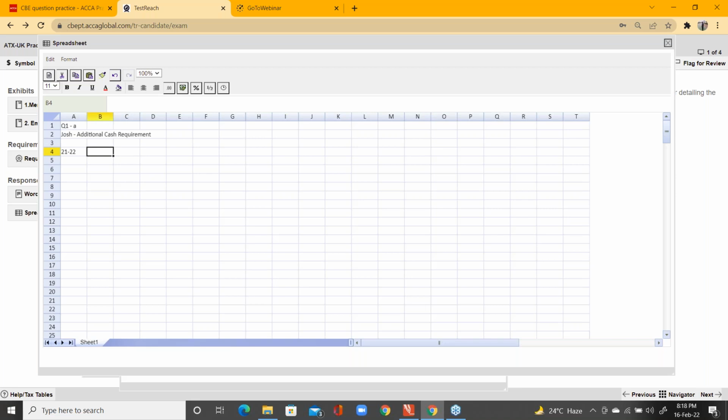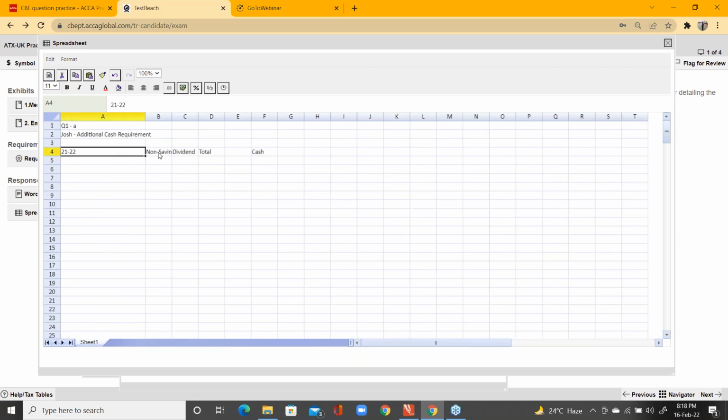For the first fiscal year, we know employment income is a part of the non-savings column. Then there is a dividend column, and then the total of both incomes. Skipping a column, then we should know about the cash position as well. So these are the relevant headings for answering this part of the question.